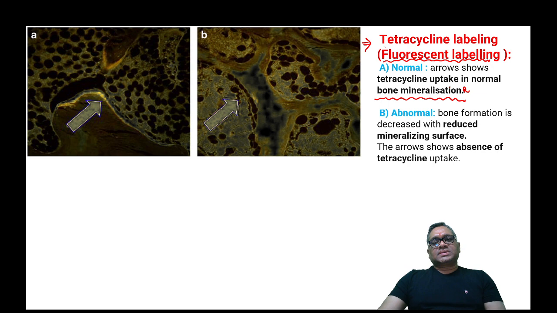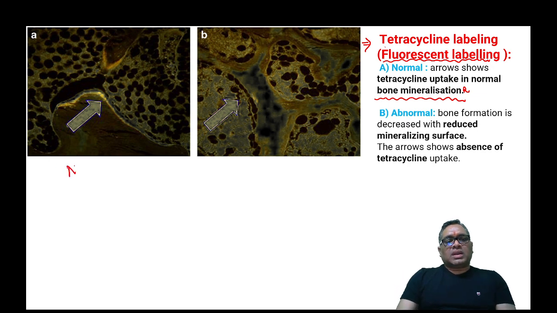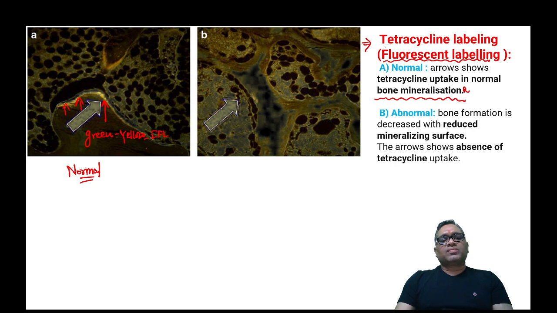Tetracycline labeling index. Now you can see this is the normal individual, and there is a line, you can see the arrow. This line looks greenish yellow immunofluorescence, and this greenish yellow fluorescence is the normal mineralization.